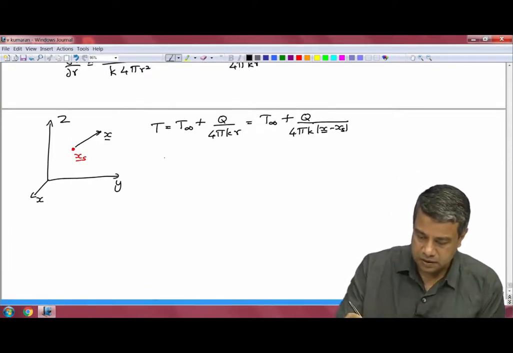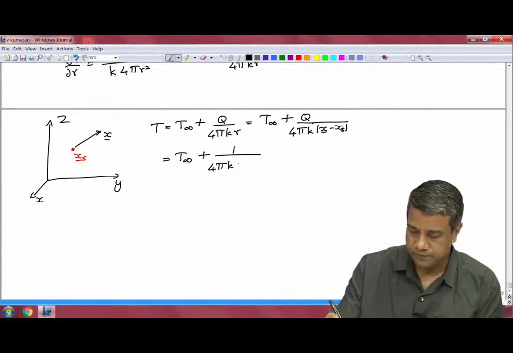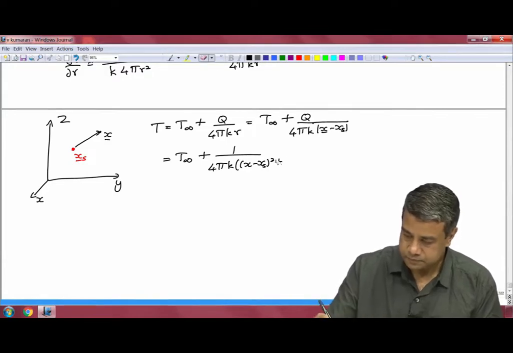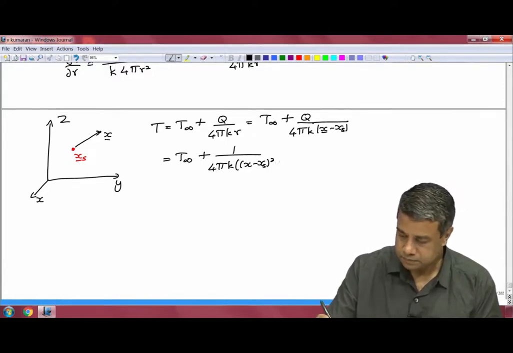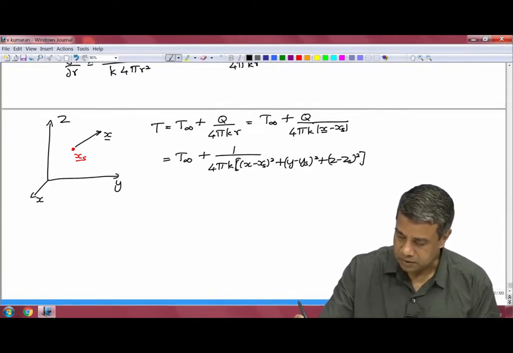And if I were to write it in long form, I would get, in component form, x minus xs the whole square plus y minus ys the whole square plus z minus zs the whole square, whole square root.